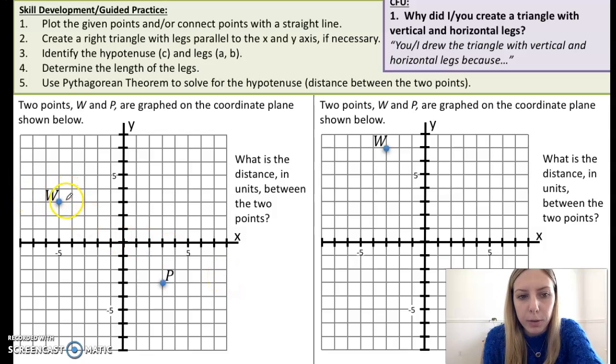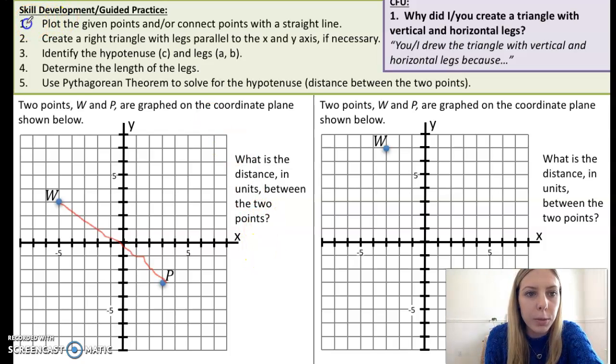This isn't going to be perfect because I'm working from my computer, but I'm going to make it as straight as possible. And you're going to be doing this with yours in a second, just on a piece of paper. So I'm just going to connect point W and P with a straight line, as straight as I can get it. And that's my first step.